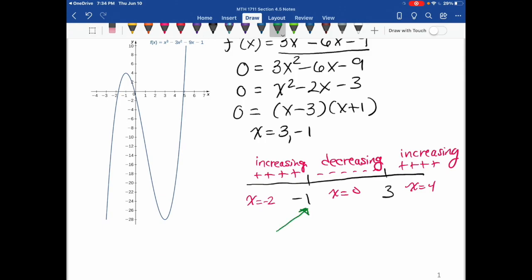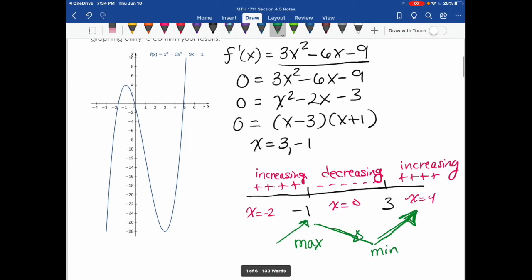Now, because on the interval from minus infinity up to negative 1, the graph is increasing, and then from negative 1 to 3, it's decreasing, based on that first derivative test, that tells me that x equals negative 1 on the graph is a maximum point. Then from 3 to infinity, it's increasing again. So because it's decreasing and then increasing, that tells me x equals 3 is a minimum.